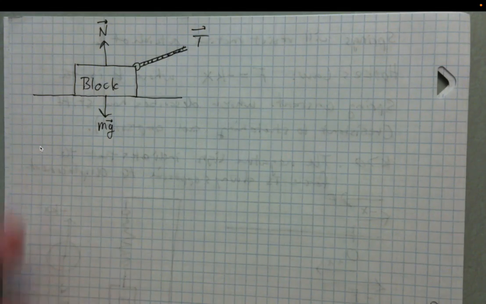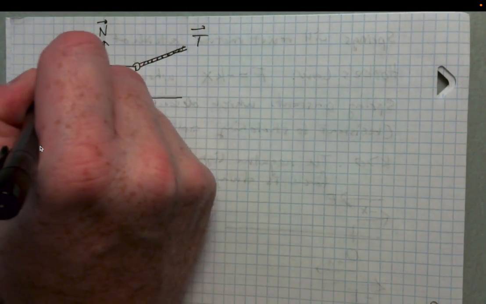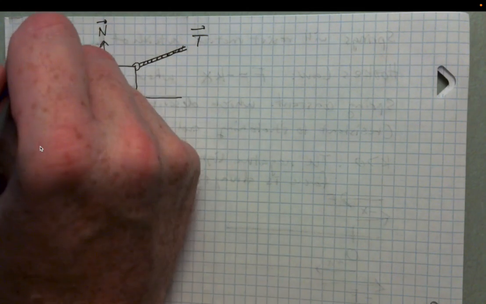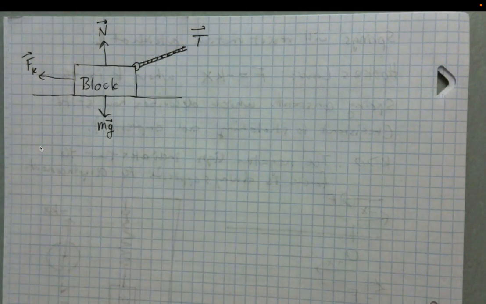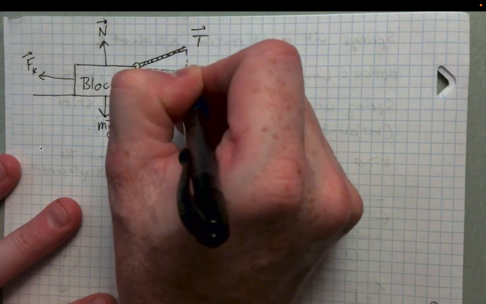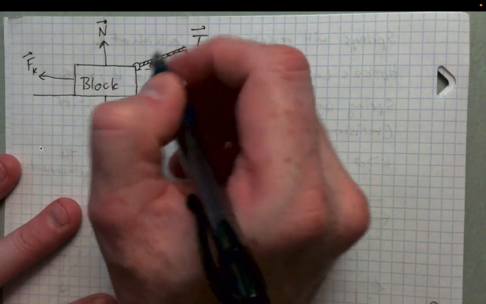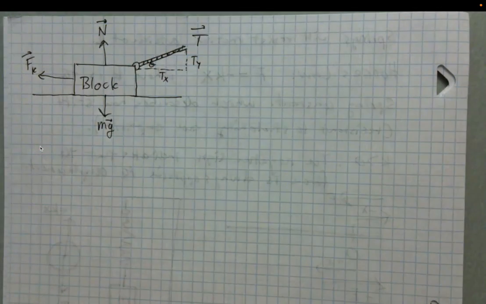Okay. And so let's throw some friction in here. Maybe we'll just say kinetic friction. The physics in this situation can get really interesting based on the angle at which the tension is applied, because the tension is going to have two components, like we will frequently see. It'll have the x component and the y component, depending on how you coordinatize this.